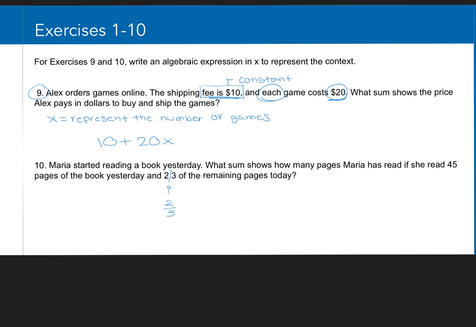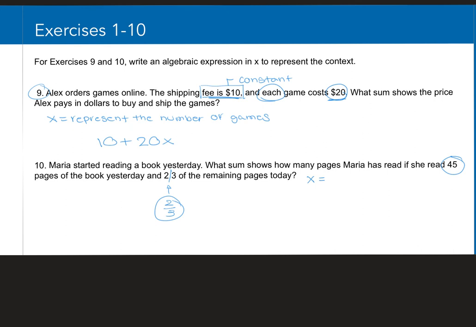So Mariah started reading a book yesterday. What sum shows how many pages Mariah has read if she read 45 pages of a book yesterday and 2/3 of the remaining pages today? So we have 45 and we know we have the 2/3, all right? Do we know what the remaining pages are? We don't know here. It doesn't tell us the total number of pages in the book.